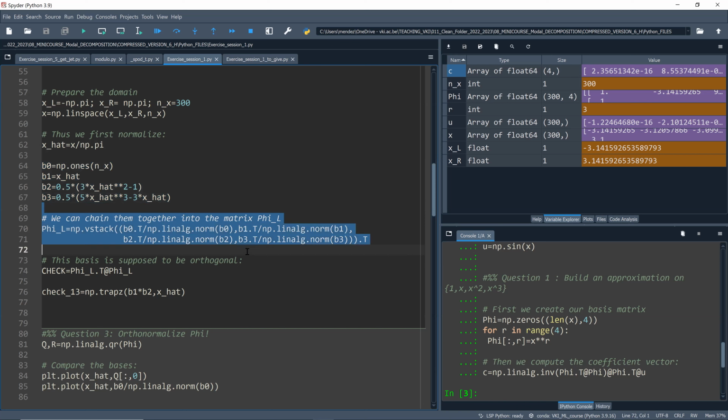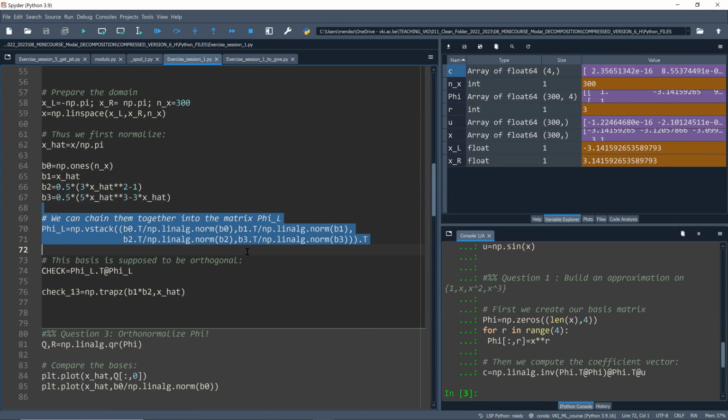Then I stack all of them into a matrix. This can be done in 100 different ways. The one I picked, you can see that in Python, different from MATLAB, a vector can be really a vector or can just be a list of numbers, having no other dimensions. So here I define them as dimensionless in the other dimension.